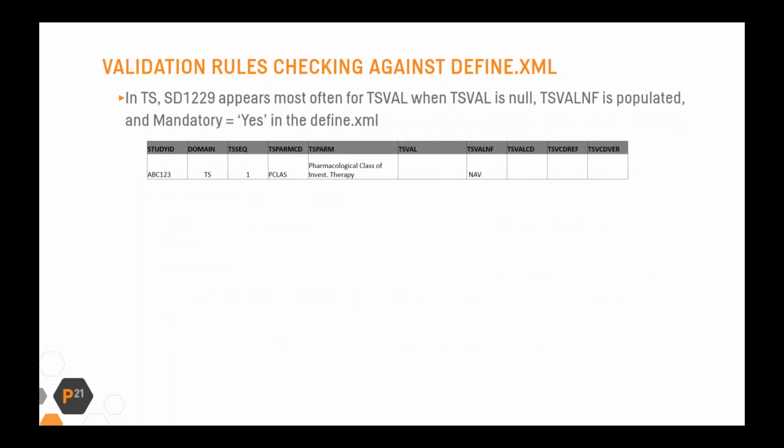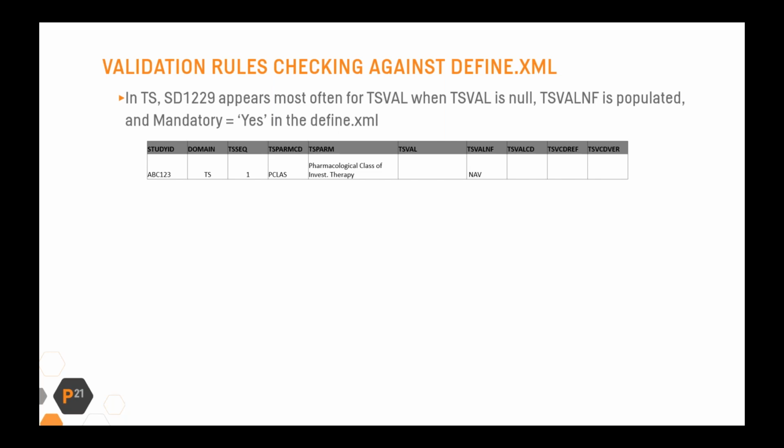So here's an example of when SD1229 fired. It appears for trial summary most often when TS-val is null and TS-val null flavor is used instead, because we can't populate TS-val for whatever reason for a required parameter. And then mandatory is set to yes in the define.xml.